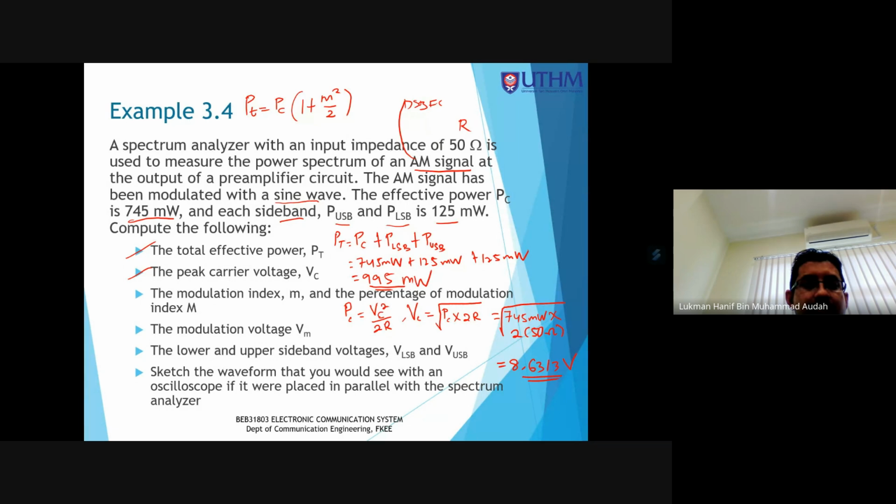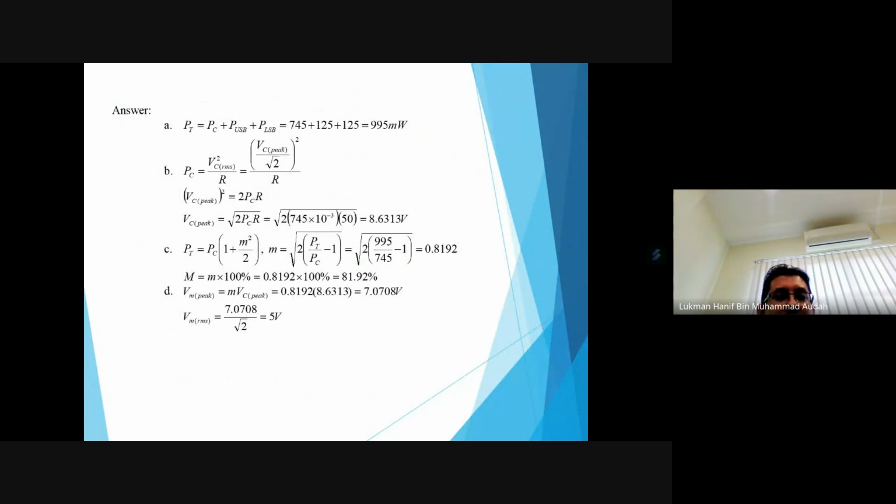So M is equal to the square root of, PT over PC minus 1, times 2. So M is PT over PC minus 1 times 2 and then square root.